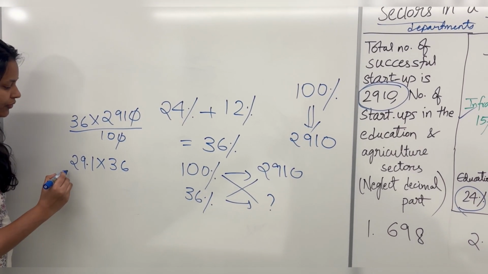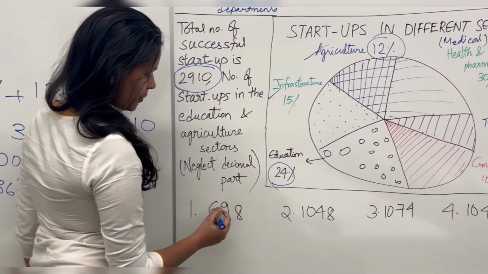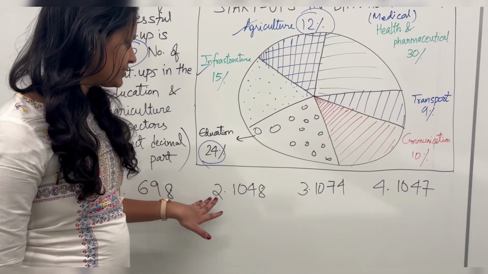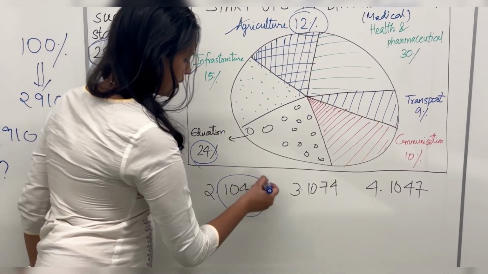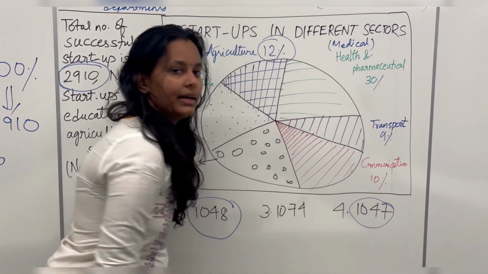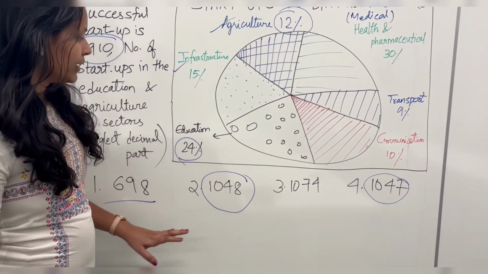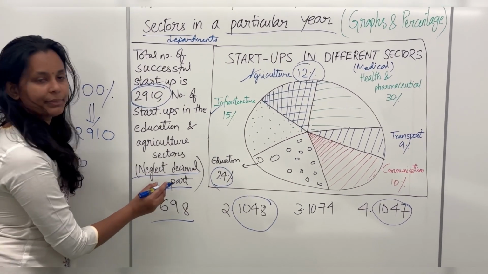Here we need to find the exact value, because if we check the options, the second and third options are almost near, especially 1048 and 1047. So we cannot solve by taking an approximate value. We need to do it exactly, because we need to neglect the decimal part.